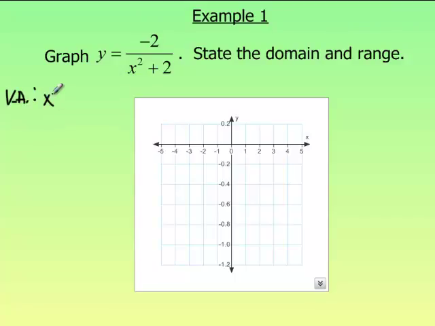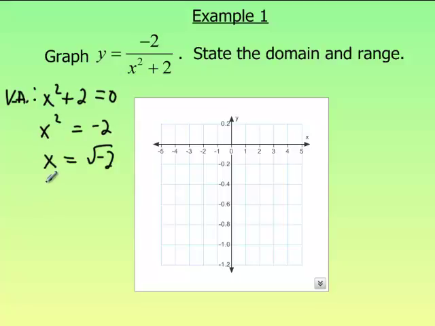So vertical asymptotes: I'm going to say x squared plus 2 is equal to 0. Thus, x squared is equal to -2. Thus, when I take the square root of both sides, I'm going to have x equal to the square root of -2.